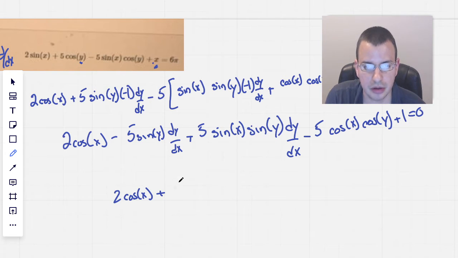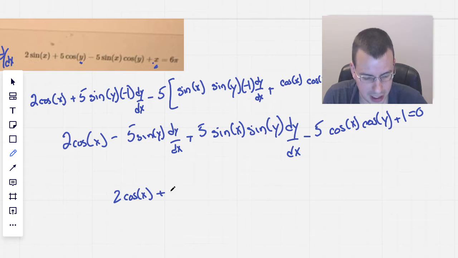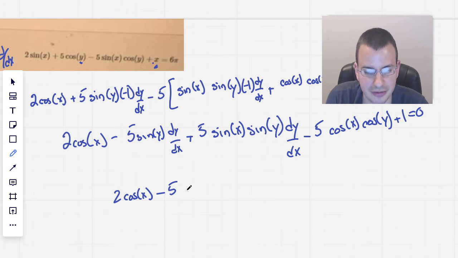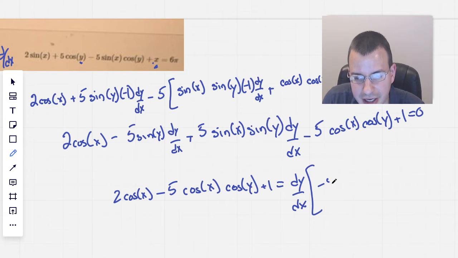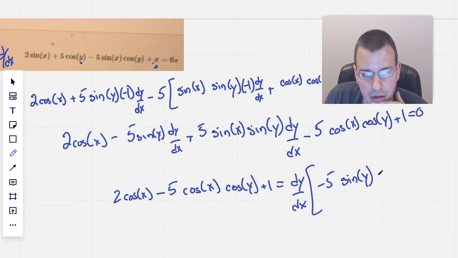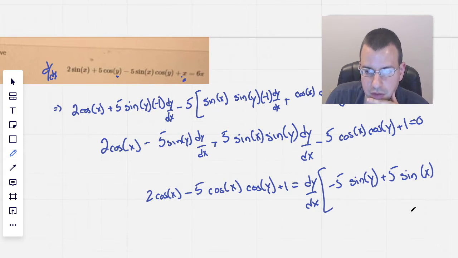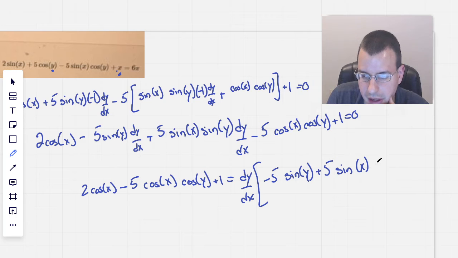Skip that one for now, and skip that one for now as well, because it also has dy dx, which leaves me the negative 5 cosine of x cosine of y plus 1 equals, and this side will be dy dx multiplied by the quantity negative 5 sine of y plus 5 sine of x sine of y.